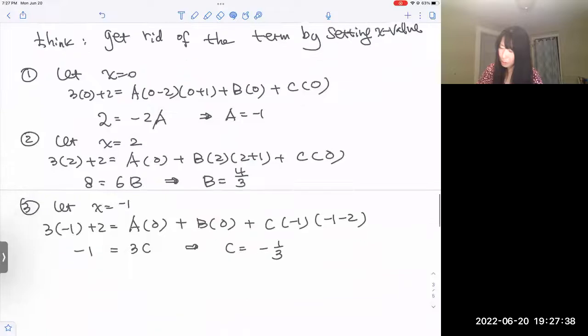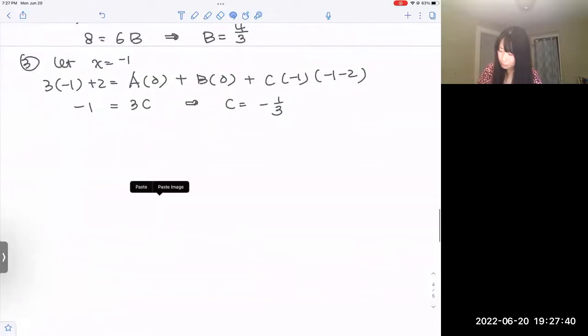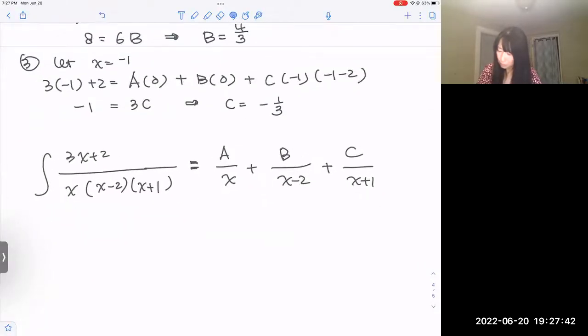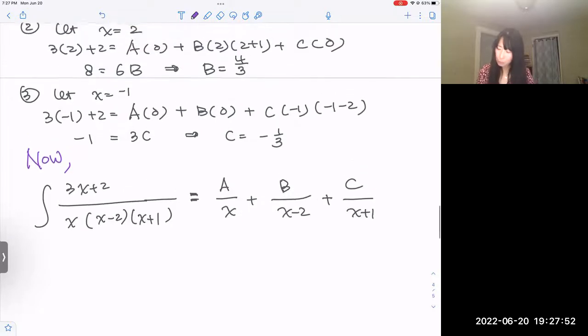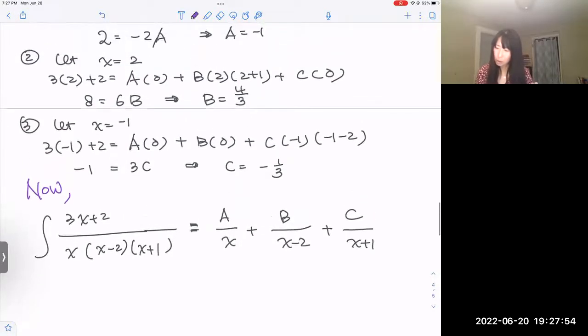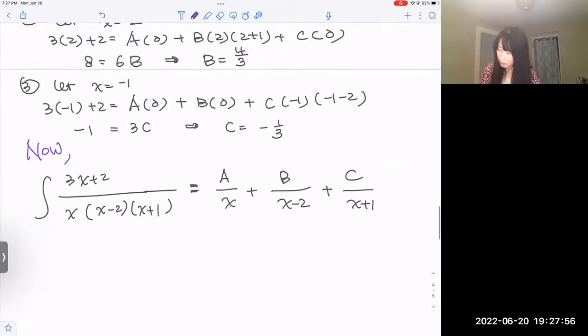So A, B, C: A equals -1, B equals 4 over 3, C equals -1/3, right?